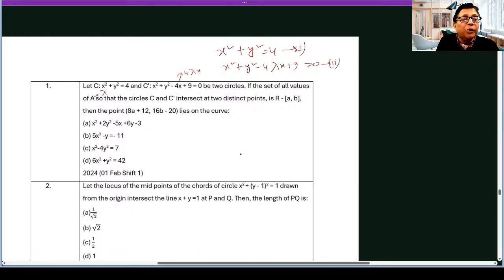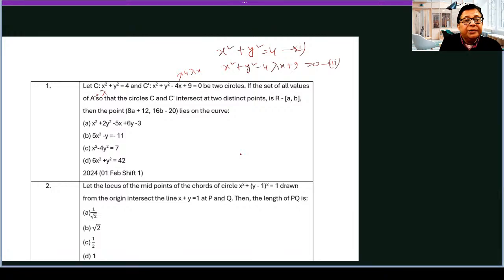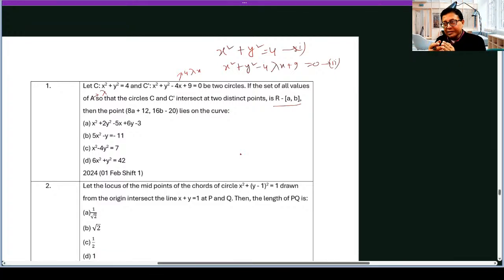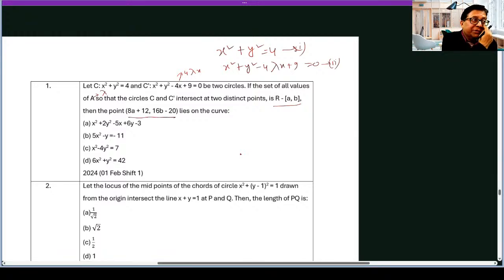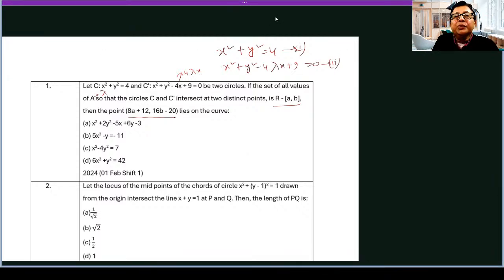Now, if the set of all real values of lambda, for which C and C dash intersect at two distinct points, is R minus AB, I mean, they intersect if lambda belongs to this interval. Lambda is coming from the second equation. So the statement is a bit complicated, nothing else. I am going to show you that.